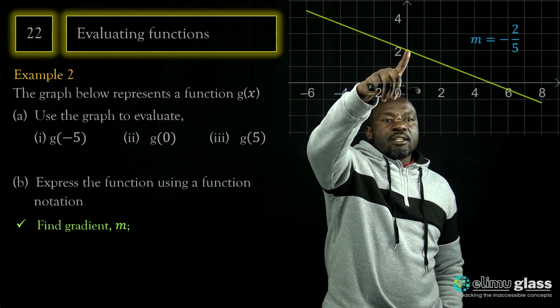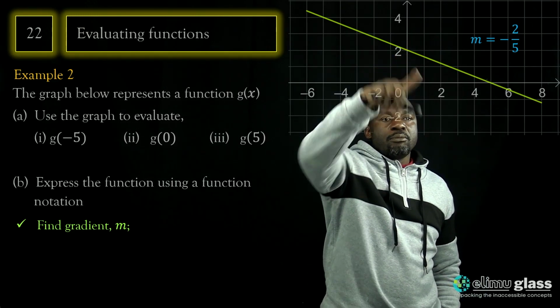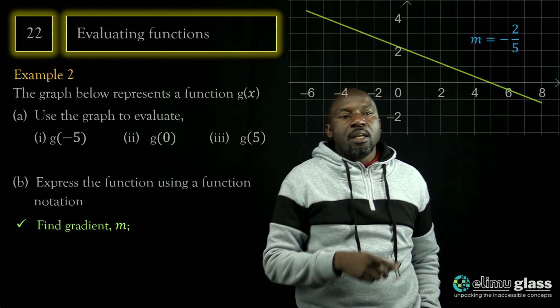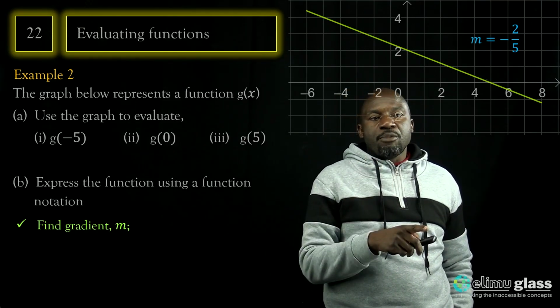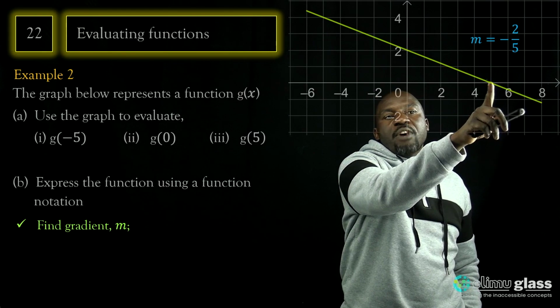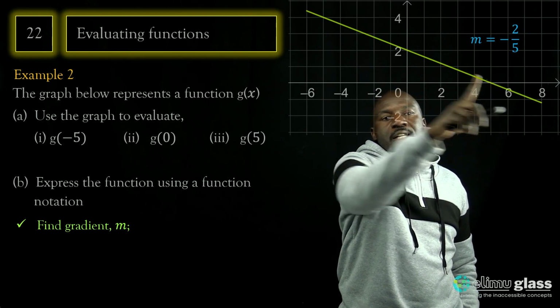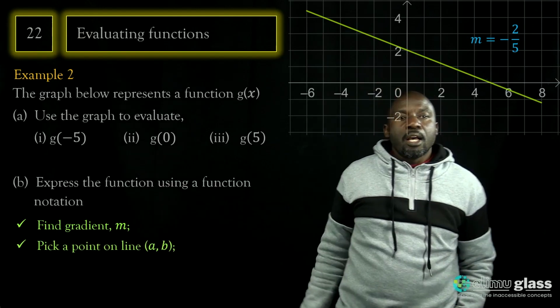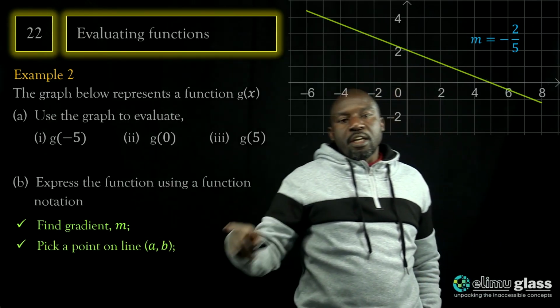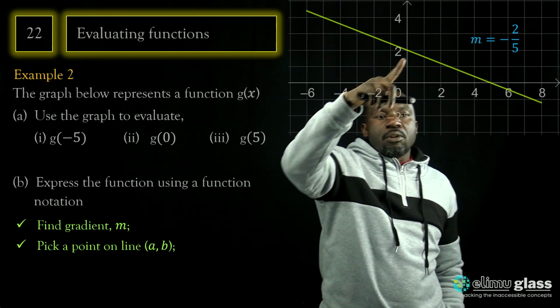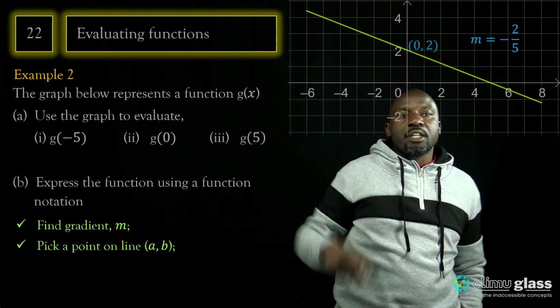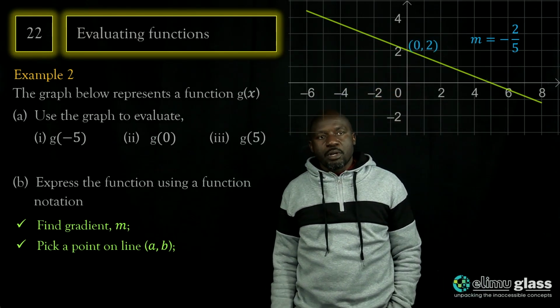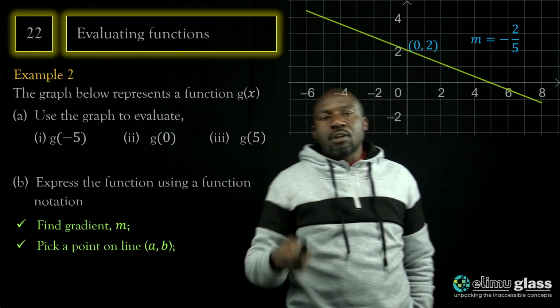One of them is (0, 2). (0, 2) is very nice, coordinates such that one of them is 0. The other one would be (5, 0). So we can take that or we can take this one here. Let's pick this one, and let the coordinates of the point be (a, b). If we pick this point, let that be (0, 2). Once we have those two, that's all we really need.